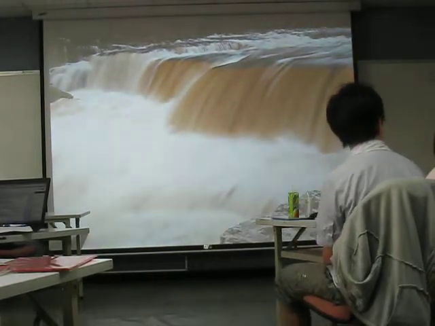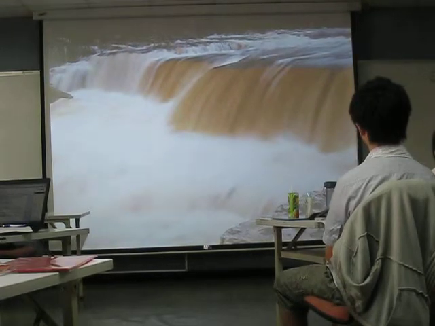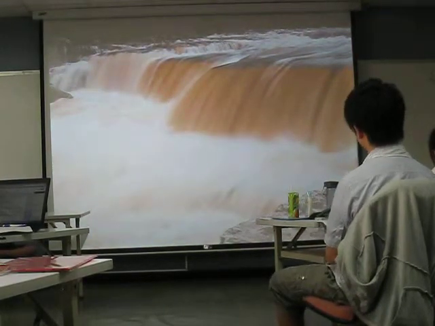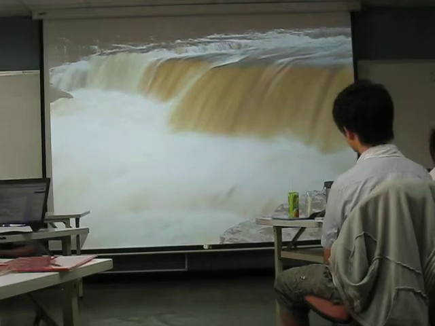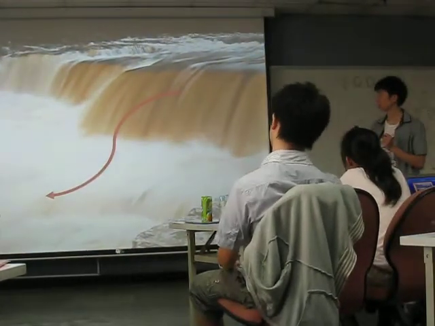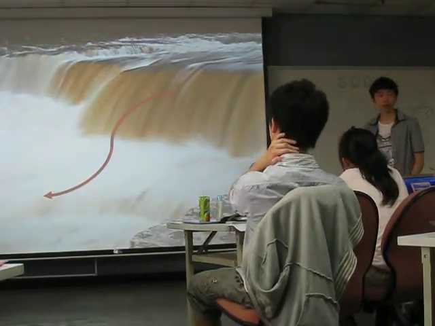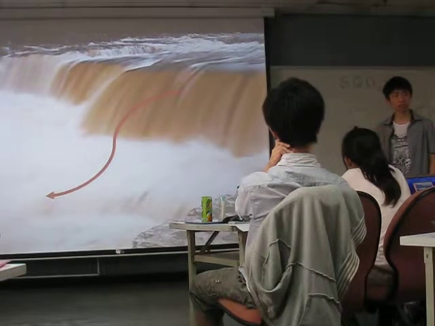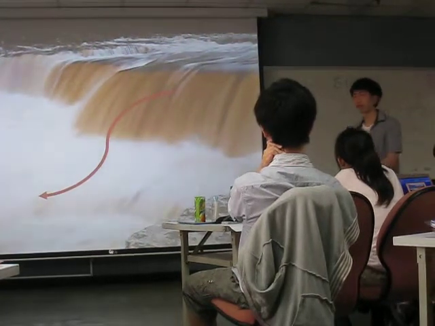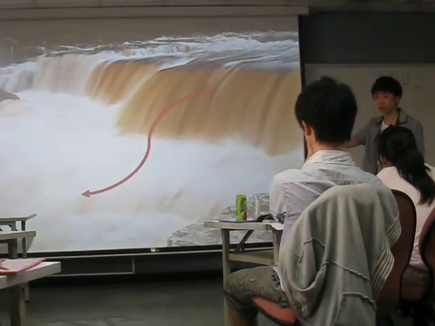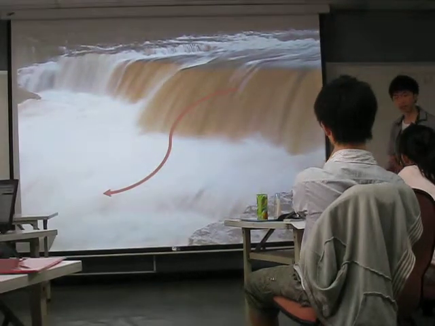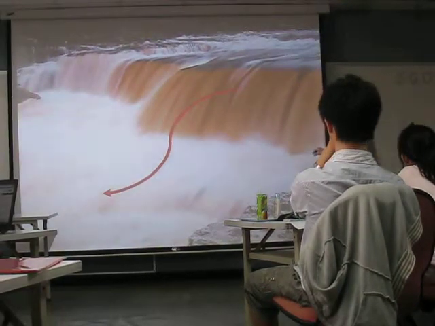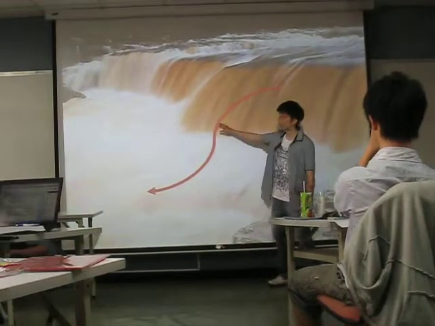So for most people, their visual flow, or the movement of their sight, goes from the waterfall all the way down to the stream. But visual flow is very tricky. It's very sensitive. Like today, if I add this arrow on the image, our initial sight is no longer on the waterfall, but rather on the red line.